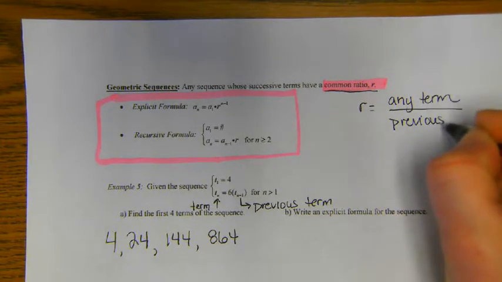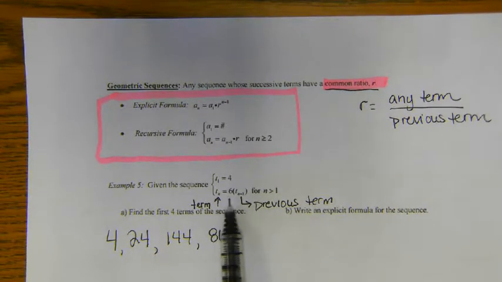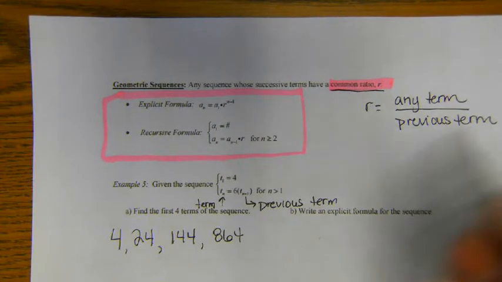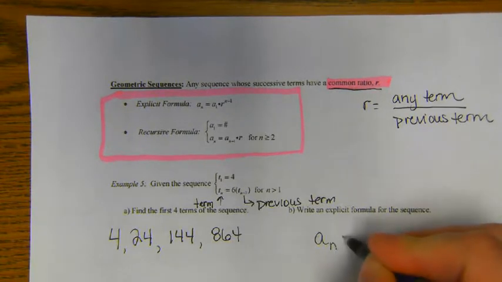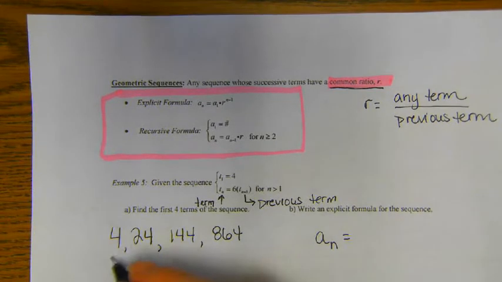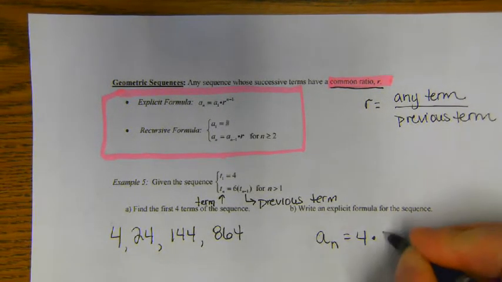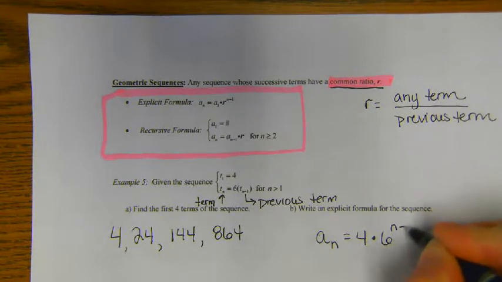But in this case, I'm already given r because I'm told in the recursive formula. So this explicit formula would be a sub n equals a sub 1, which is 4, times 6 to the n minus 1 power.